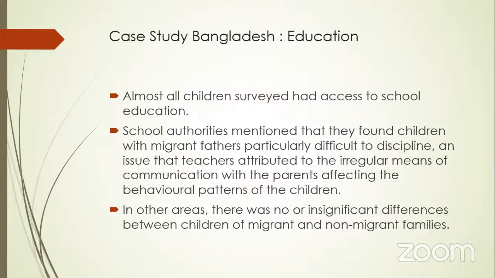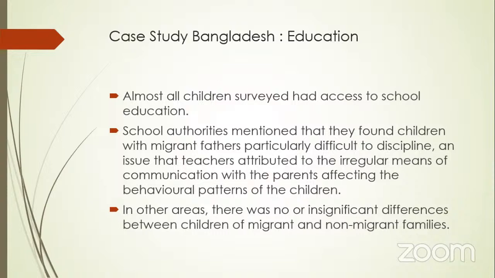But when the father comes back home in the evening or night, for example, when I see Indians who are daily wagers, they come back drunk or have substance issues. The presence of a parent makes a difference. Teachers attributed these issues to irregular means of communication with parents affecting behavioral patterns.